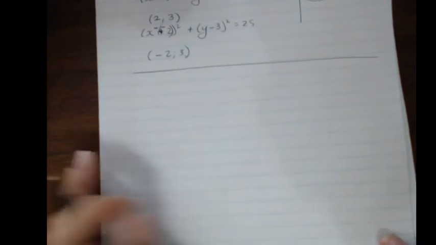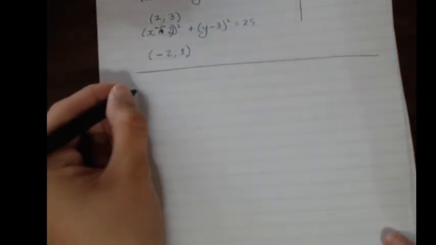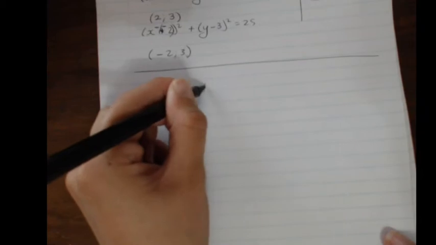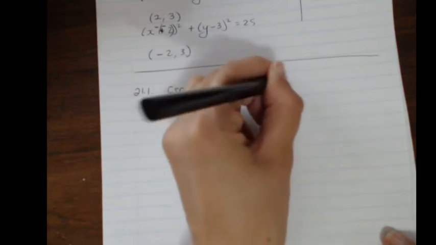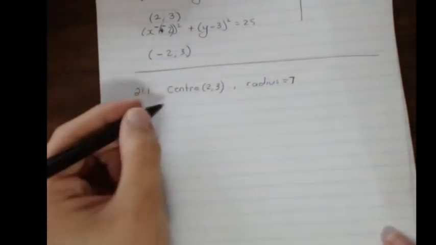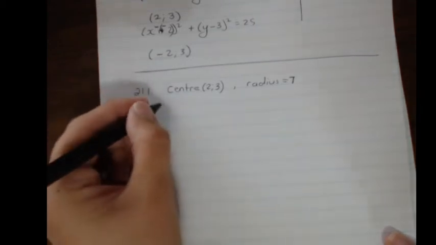If you are wondering, the Answer Series is a great book to work with. So question 21.1 wants to know a circle with the center at (2, 3) and the radius of 7 units. Write down the equation or determine the equation. Now this is not very difficult to determine, it's just to familiarize ourselves, as I said, with the formula.